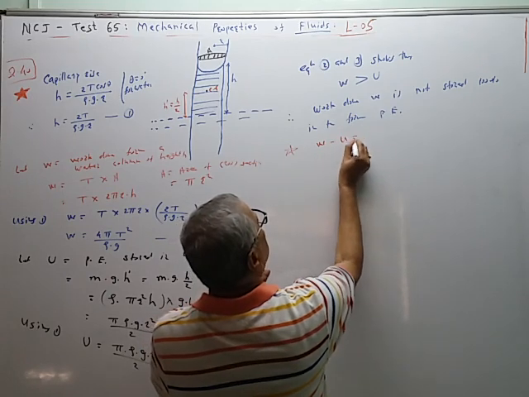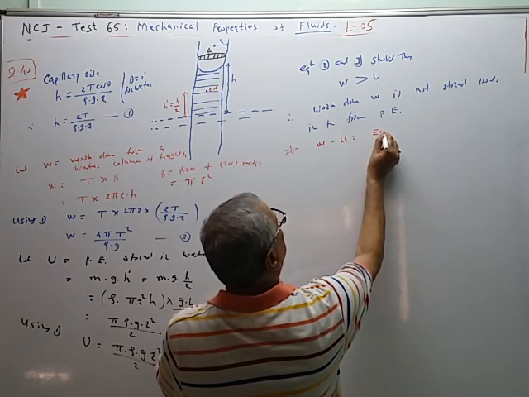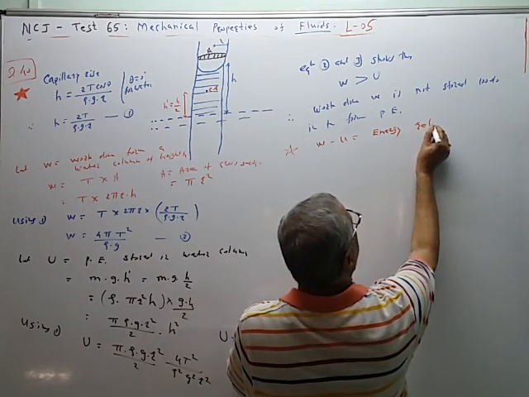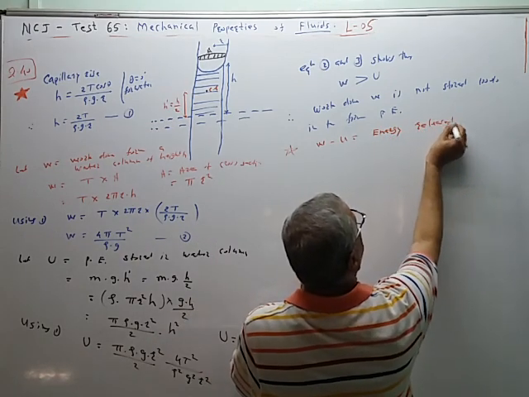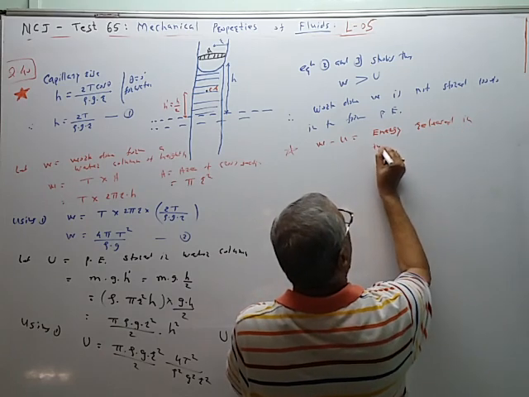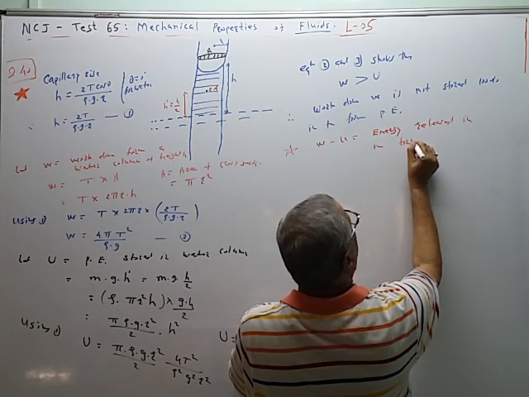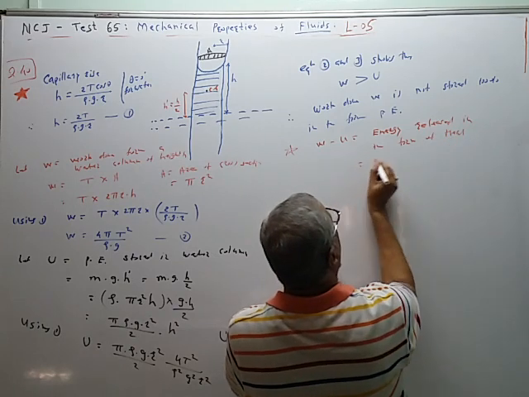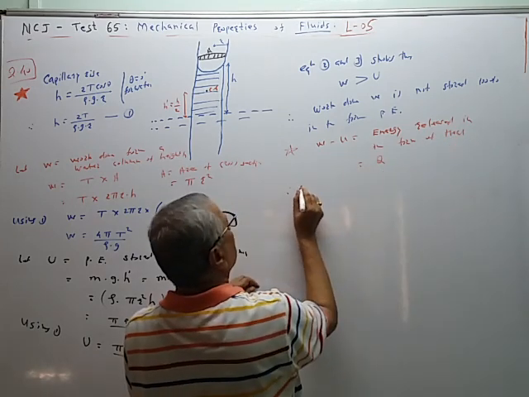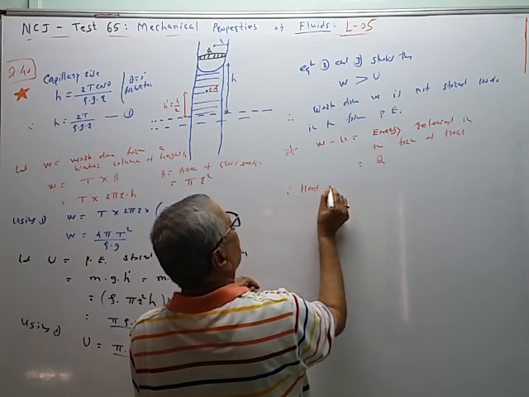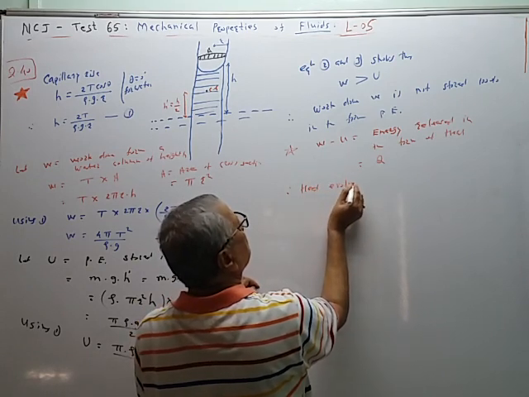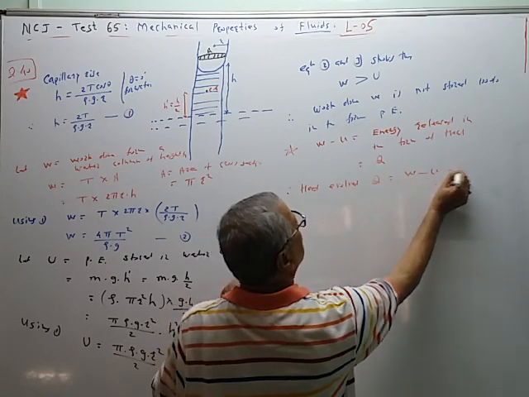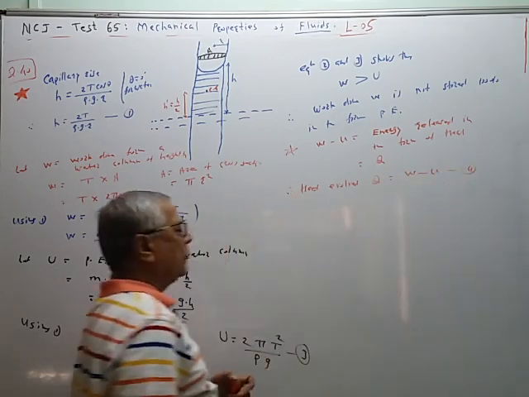W minus U is equal to energy released in the form of heat, that is equal to Q. Therefore, heat evolved, capital Q is equal to W minus U. This is equation 4.